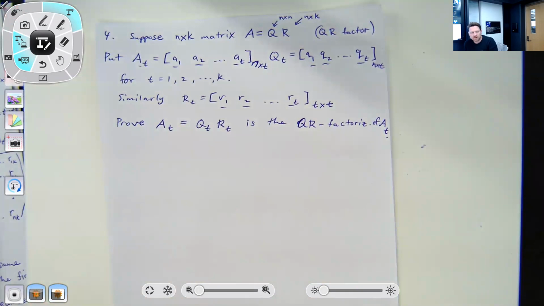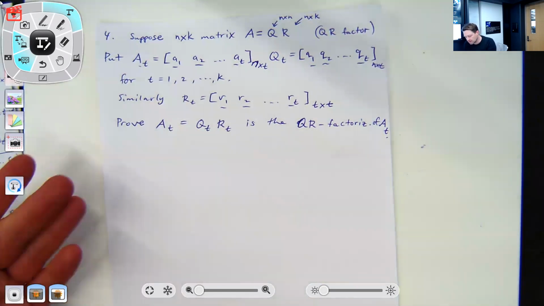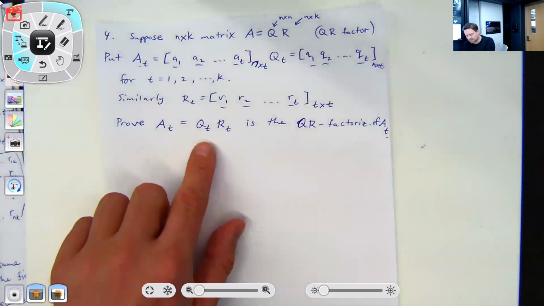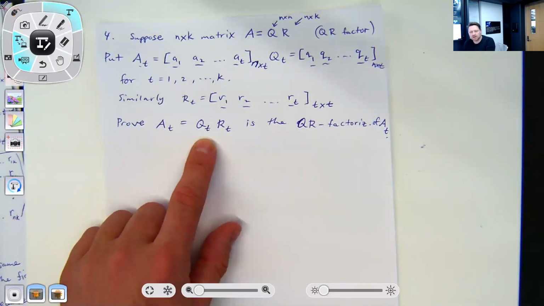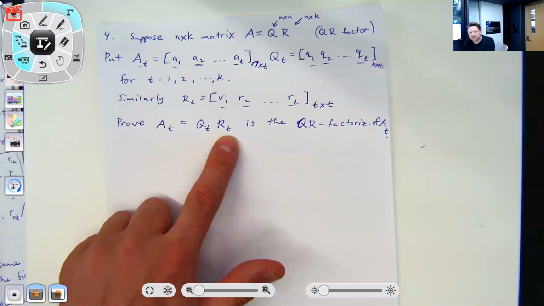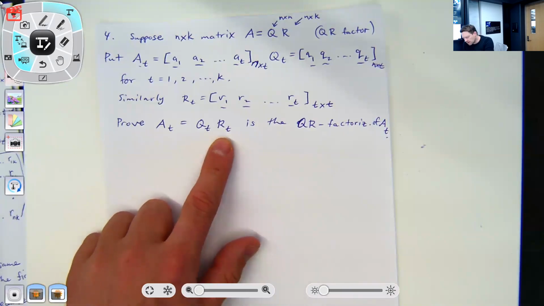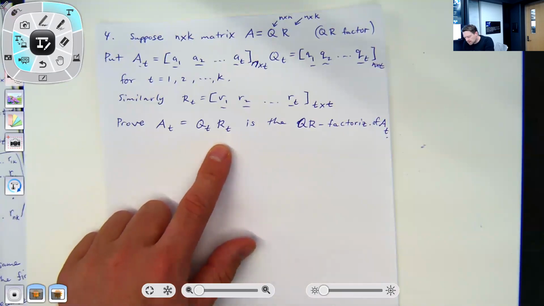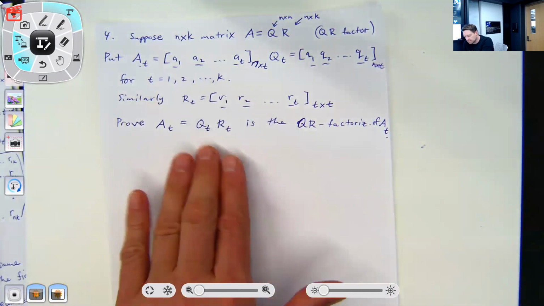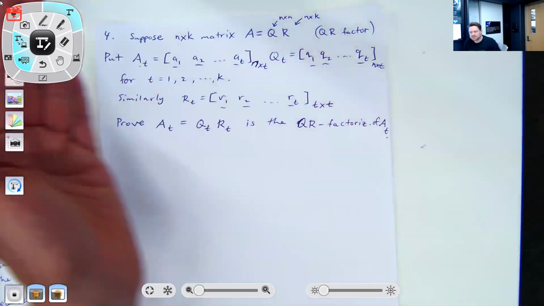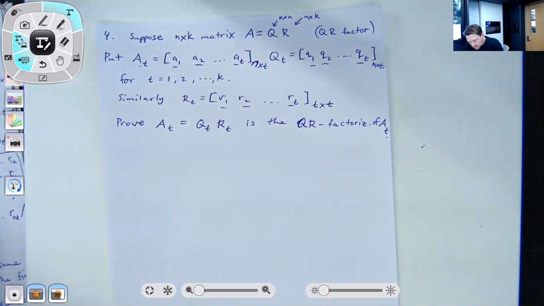Okay, so in other words, would the Gram-Schmidt process applied to A_T give you an orthogonal matrix Q_T times an upper triangular matrix R_T, where those are defined as above by pulling out the first T columns and so on? Okay, so given that we've got that, let's begin.